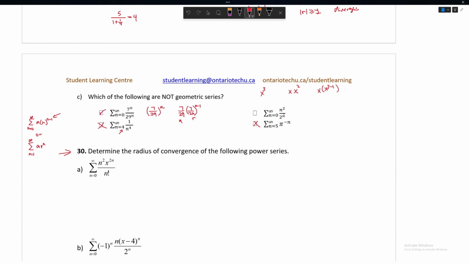Same thing here. We have 2 to the n, the exponent, and n squared. Now, how can we manipulate this so that we can get the format that we need? For this last question, it does look a little bit tricky, but in order to have a geometric series, obviously we have these two rules here, but you also want to ask yourself, can I get it in n minus 1?